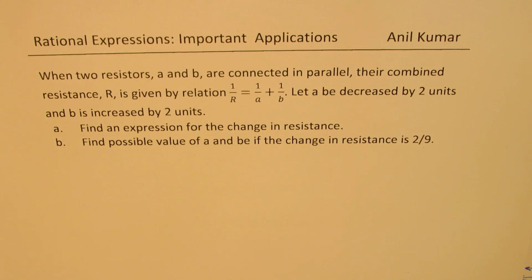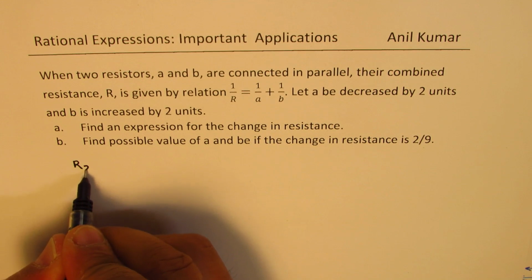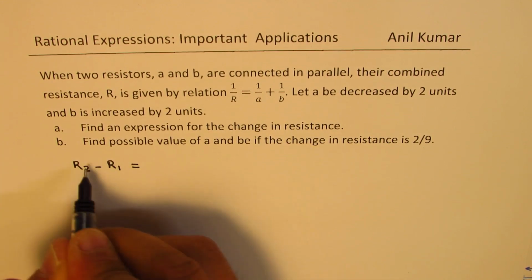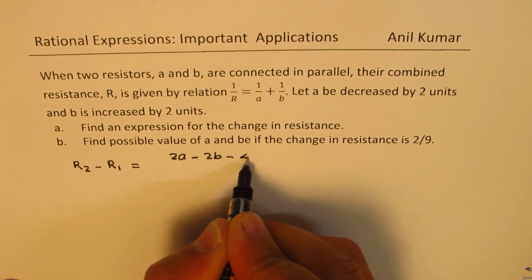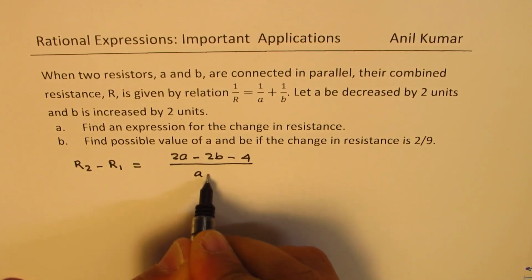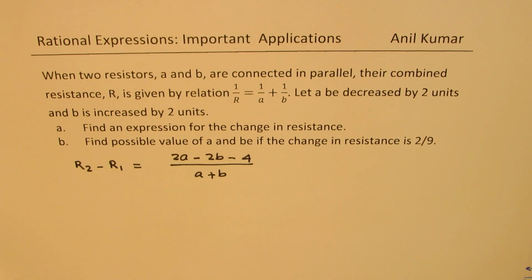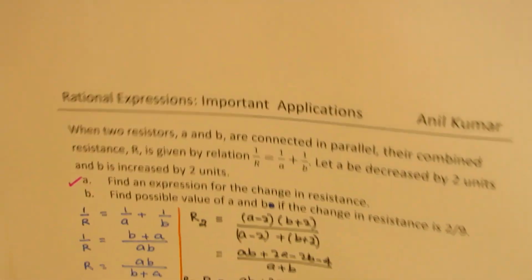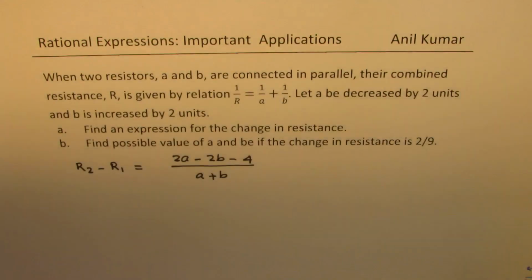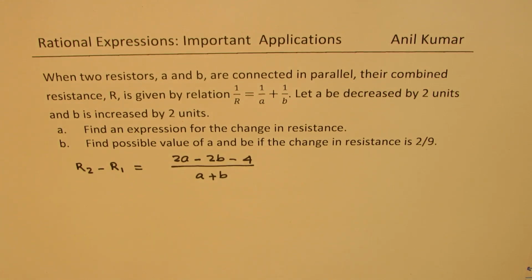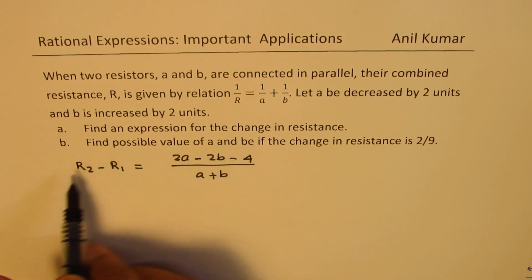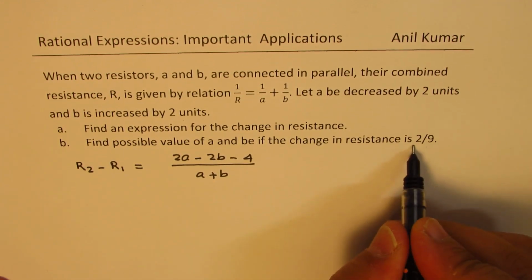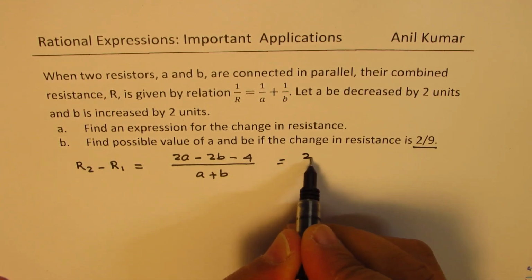What we found was R2 minus R1, the change in resistance, was 2A minus 2B minus 4 over A plus B. I've copied this answer to a new page so that we can find the values of A and B. The change in resistance is equal to 2 over 9, so we'll equate this to 2 over 9.